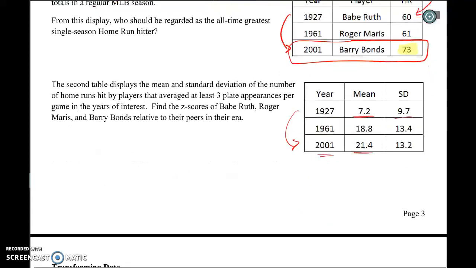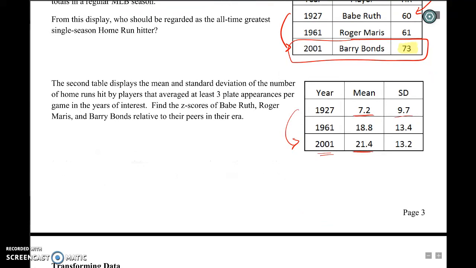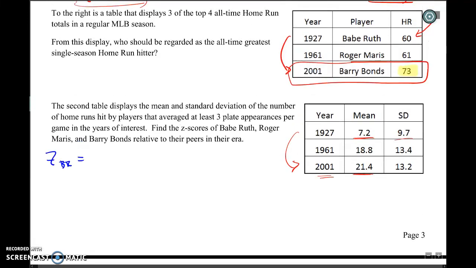So let's calculate each of these players' z-scores. The z-score for Babe Ruth. The reason we calculate z-scores is so we can have a measure of how they did relative to their era. So it's the x value minus the mean of that generation, divided by 9.7.